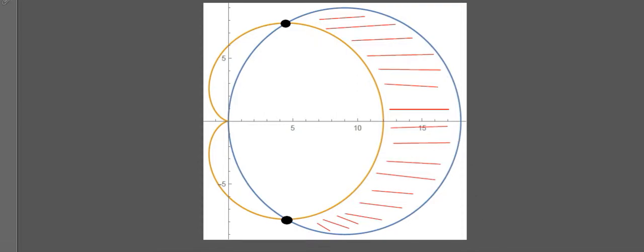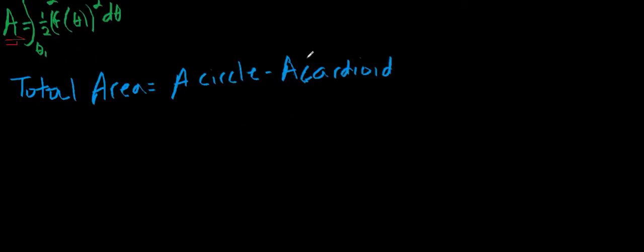So we need to find theta 1 and theta 2. First, we just set each equation equal to each other, and that's how we find our points of intersection, or the bounds we'll need for integration.